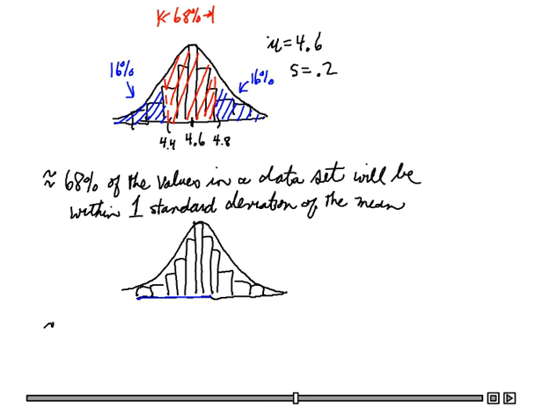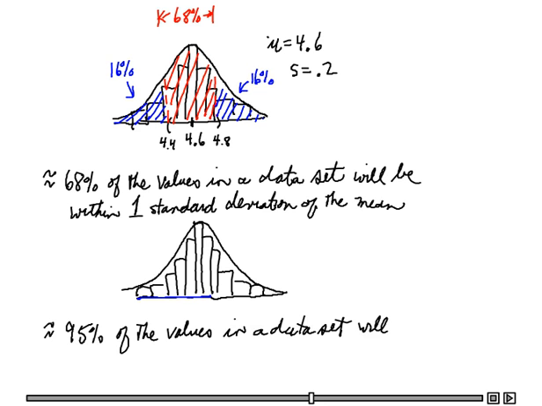The empirical rule also says that approximately 95% of the values in a data set will be within two standard deviations of the mean.